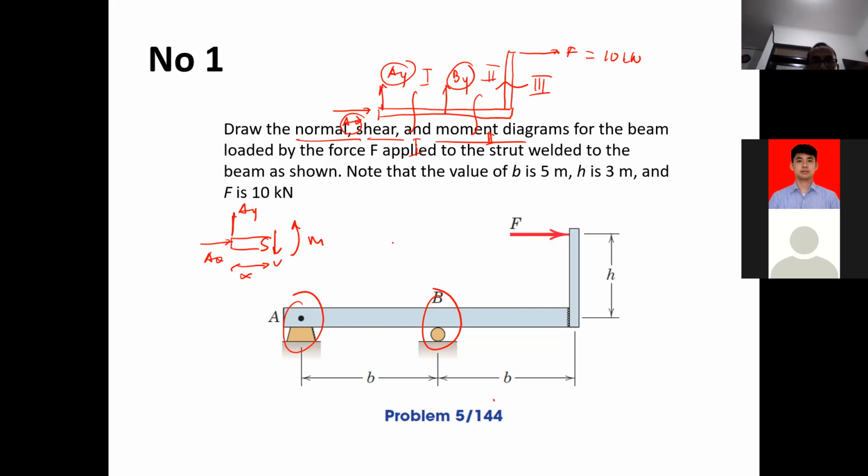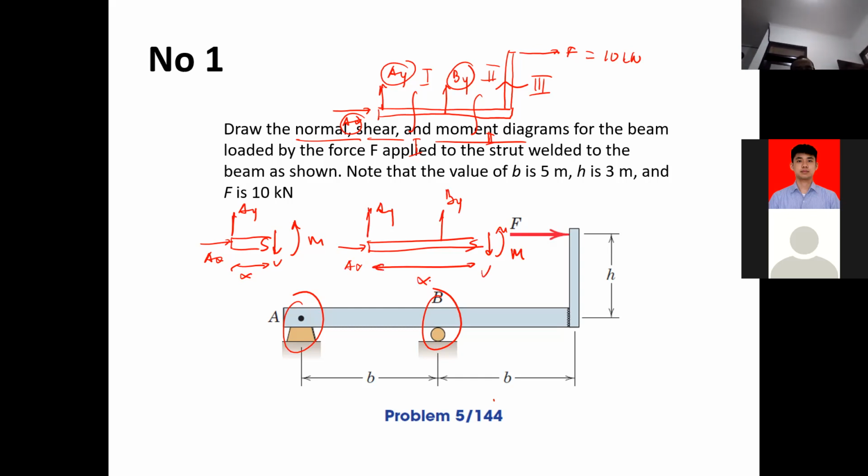The second cut is simple as well, slightly longer. Ay, Ax, By, V, M. And this one is x. Okay, we can still solve it. Okay. How about the third cut?